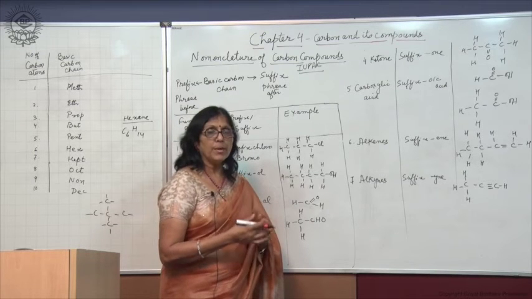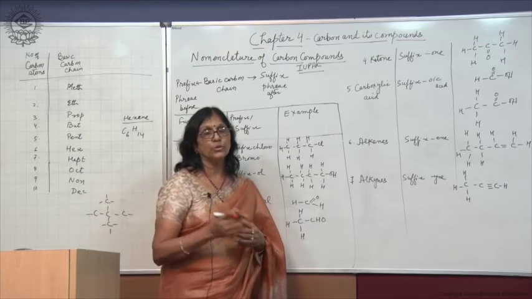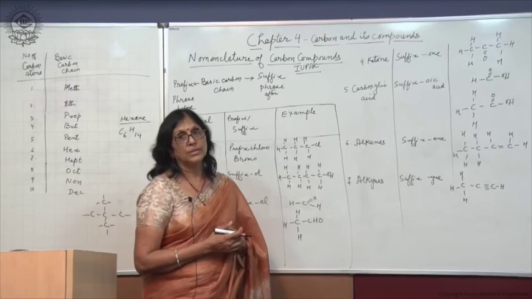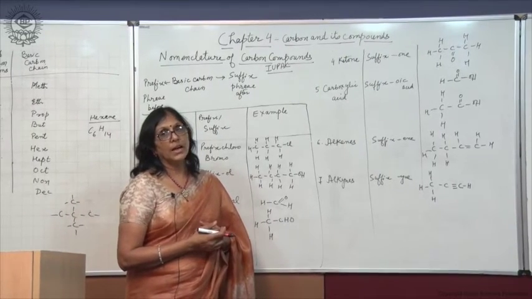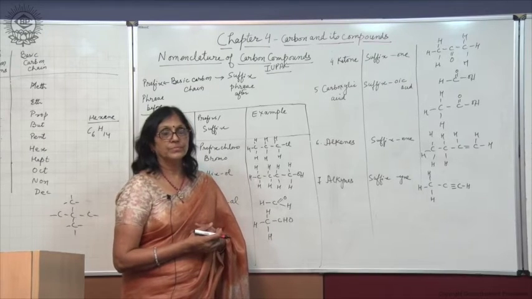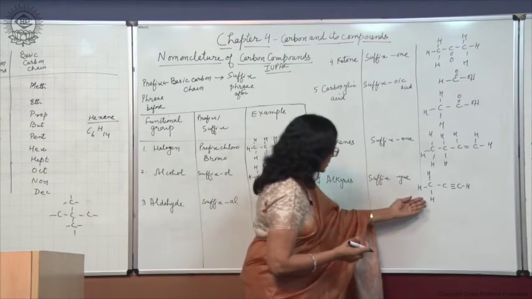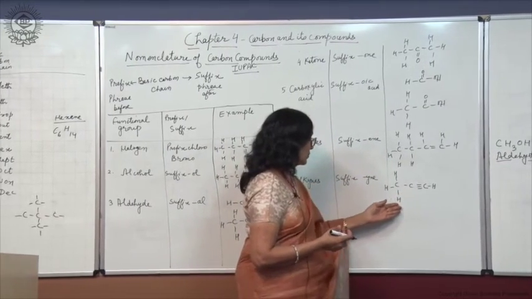So, you can write any member of the alkyne series, provided you know the number of carbon atoms. You can write the formula, the structural formula and the IUPAC name of that particular compound.